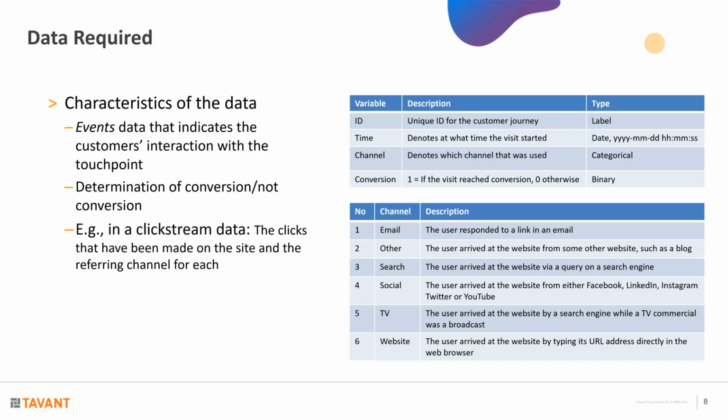For instance, a search during or right after a television ad was broadcast can indicate with a reasonable degree of certainty that the person actually watched that advertisement. Such kind of inferential way of coming up with information about the channel interactions can also be captured in the data.